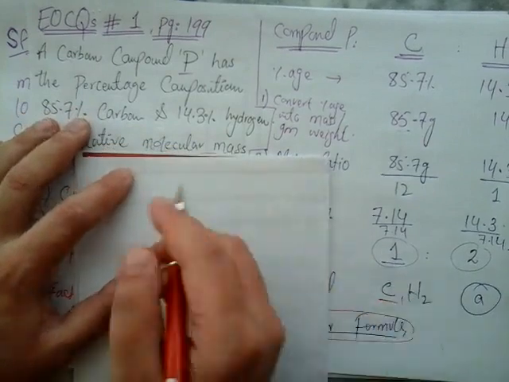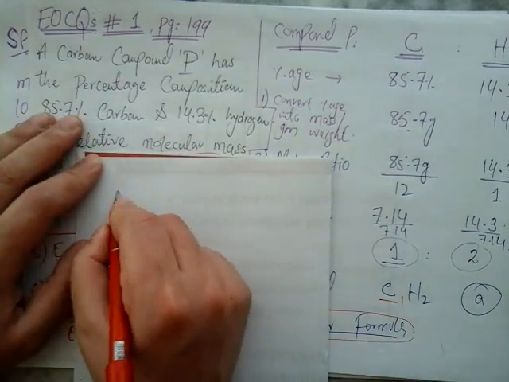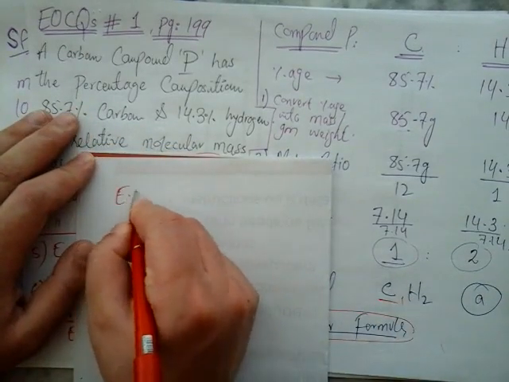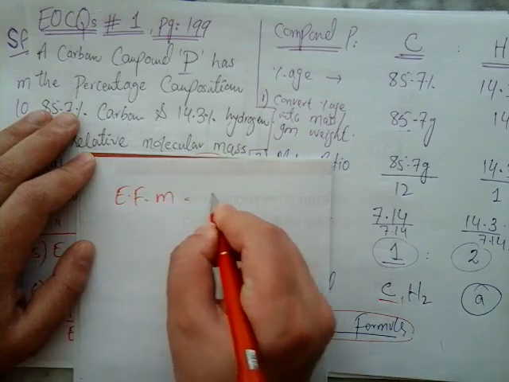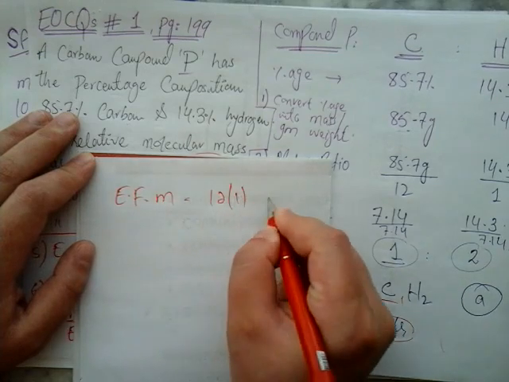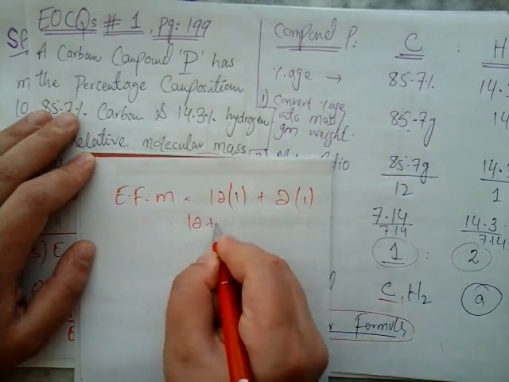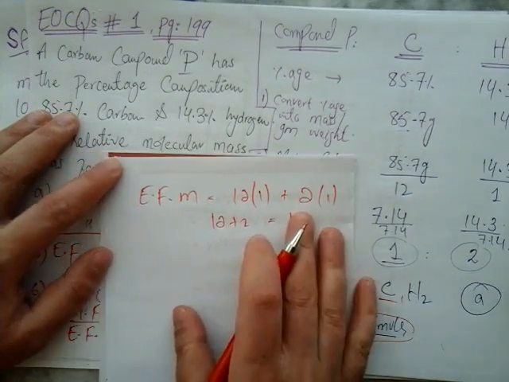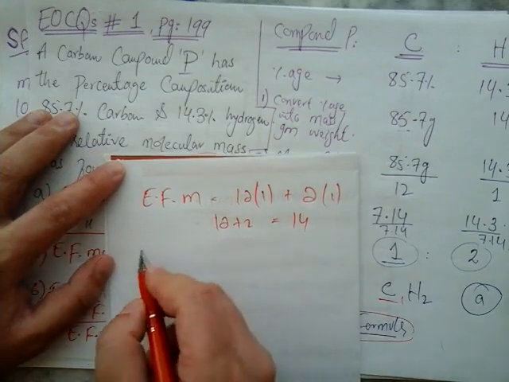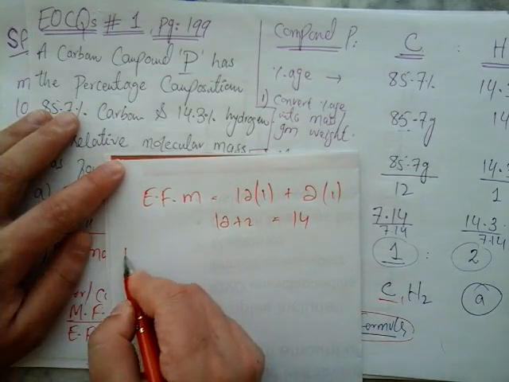So the empirical formula mass is 1 carbon and 2 hydrogen, 12 plus 2, which comes out to be 14. So the empirical formula mass is 14. The next step, molecular formula.